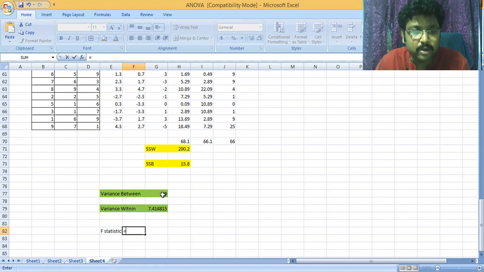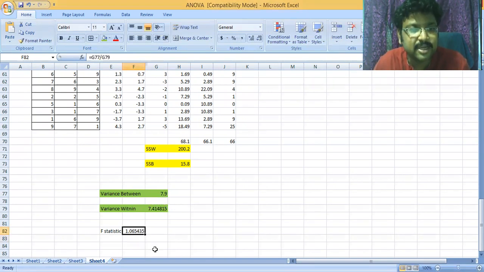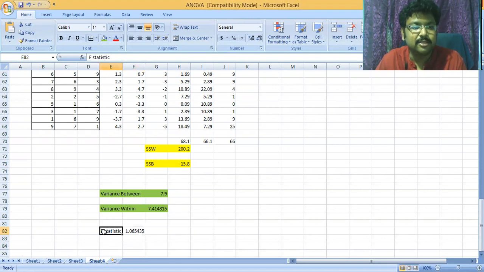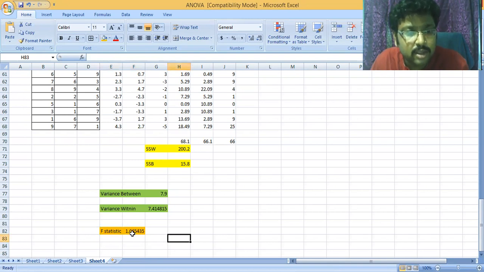So 7.9 divided by this. So this is the F statistic. Clear?